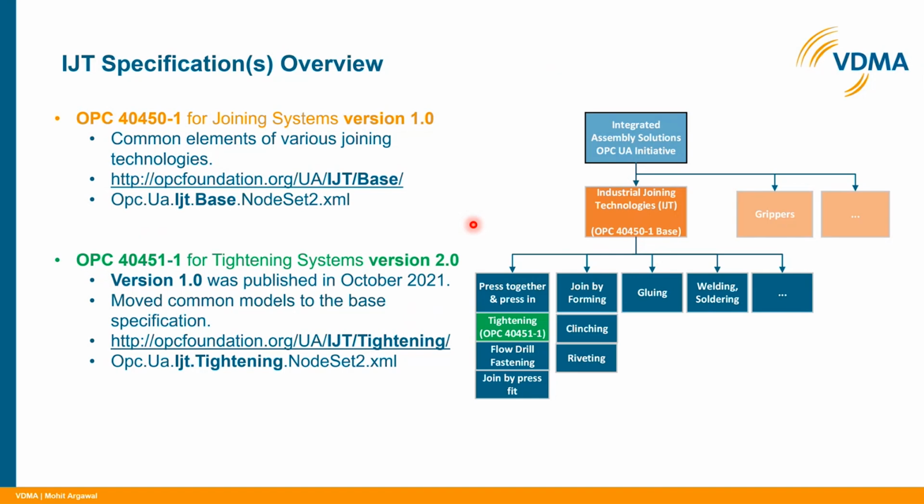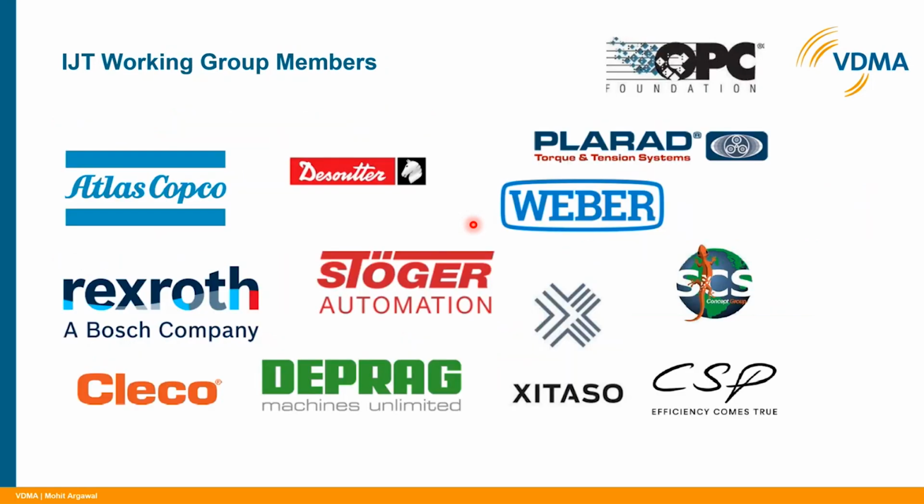But then who are the working group members? These are the working group members who meet on a regular basis. So we have weekly or bi-weekly telecom meetings, and we meet once in 3 to 4 months face-to-face and continuously work on the information models, improvements, and any other use case which is of interest.